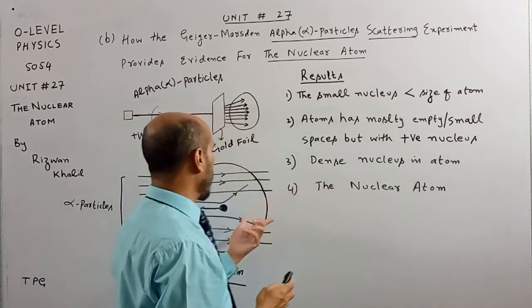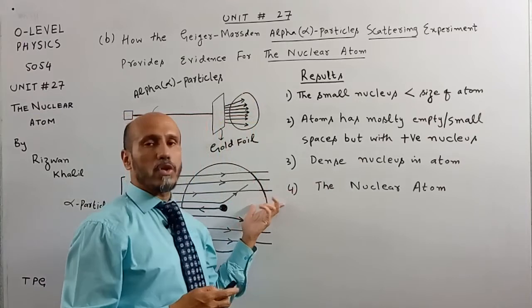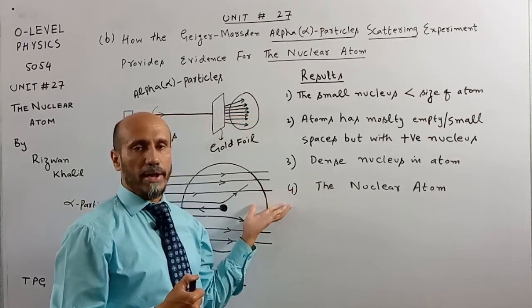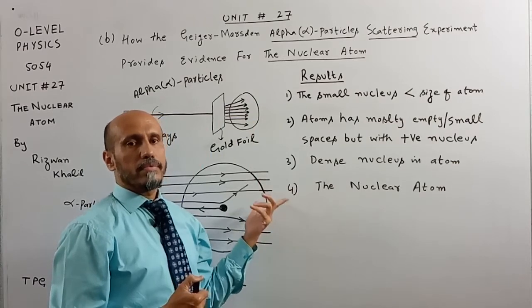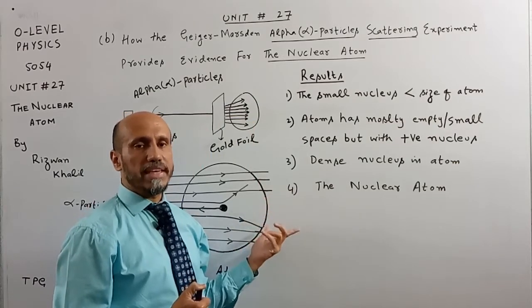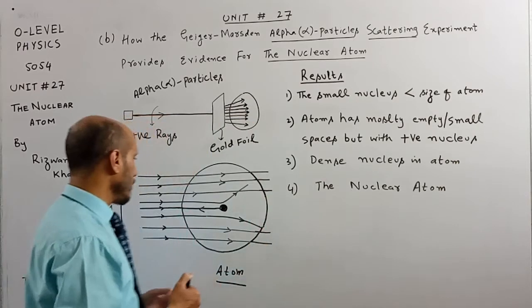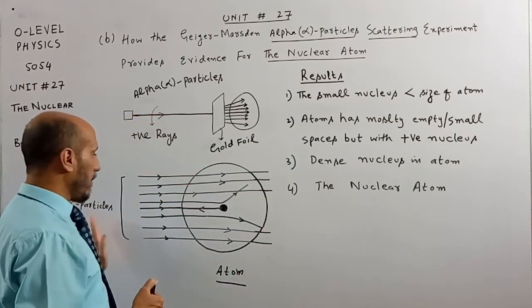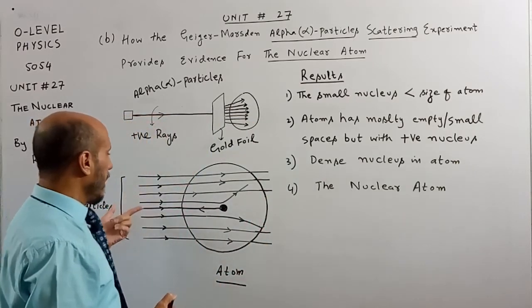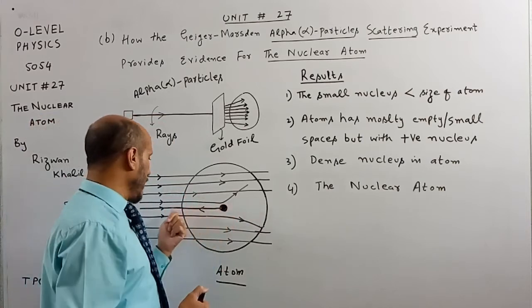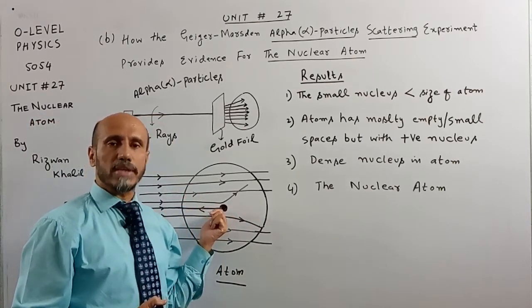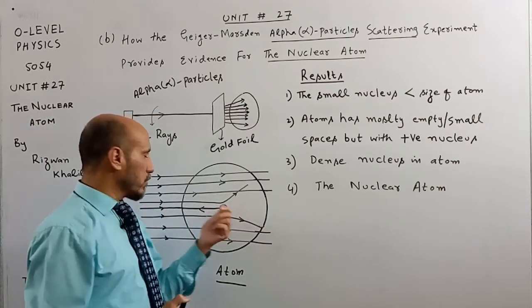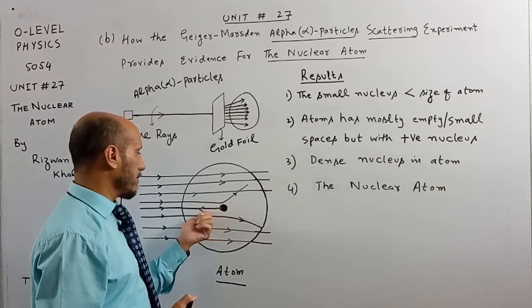In this diagram I have drawn a single atom of gold foil, and we will explain the scattering of these alpha particles. These were the alpha particles or alpha rays, and now you can see that when this ray was in the center of the atom, it was deflected back.